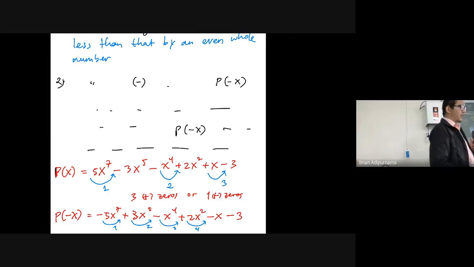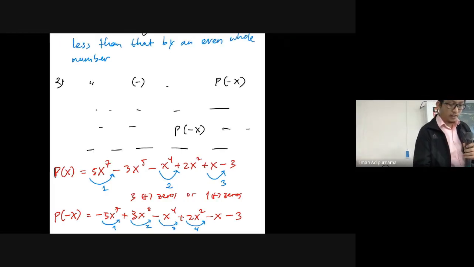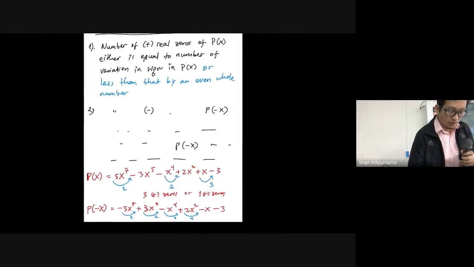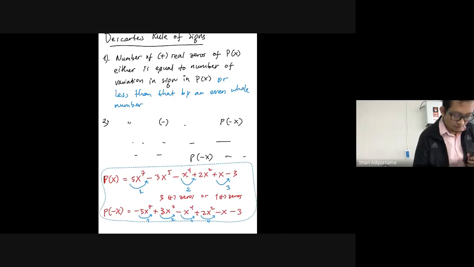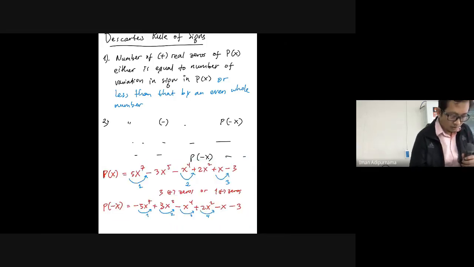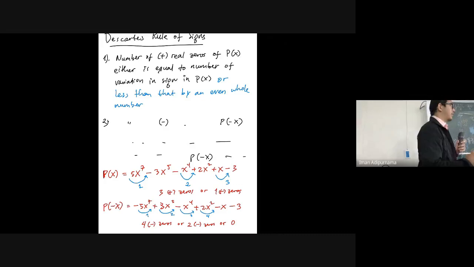So it's 4. So we have 4 negative zeros or 2 negative zeros or 0. There are no negative zeros.